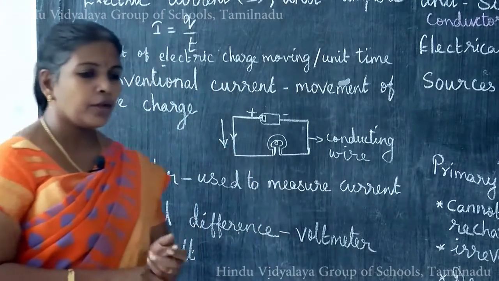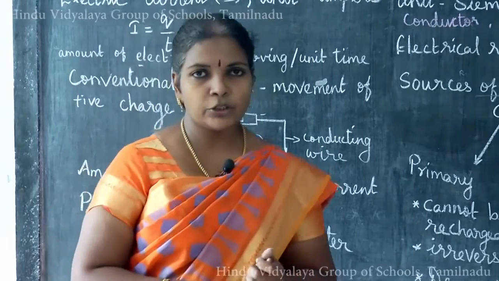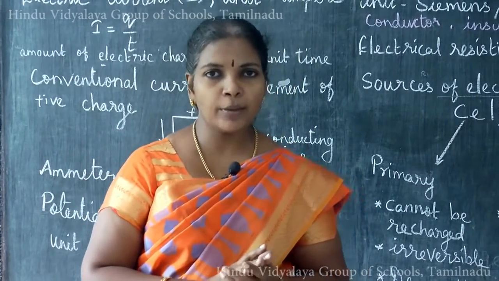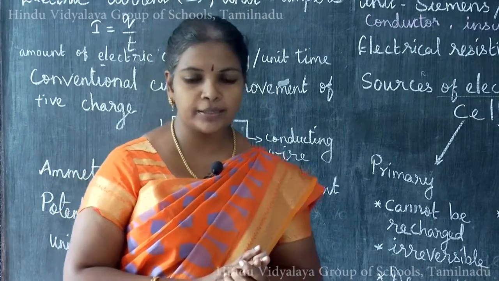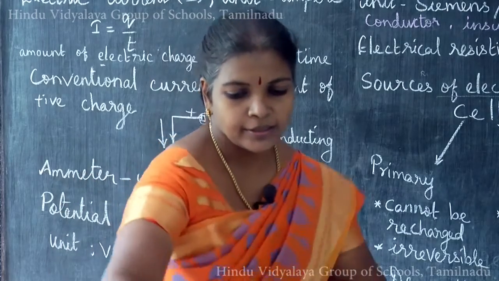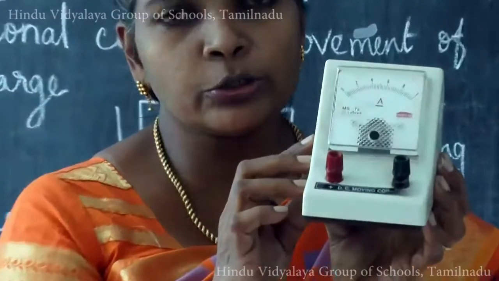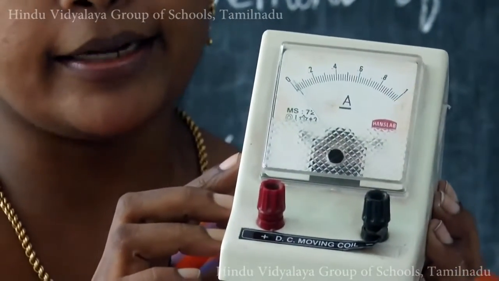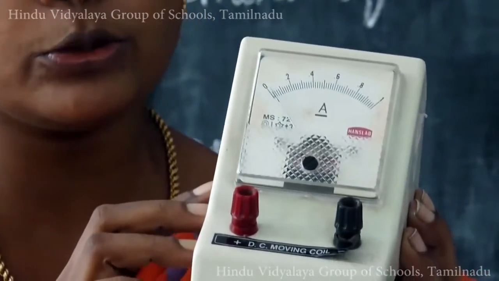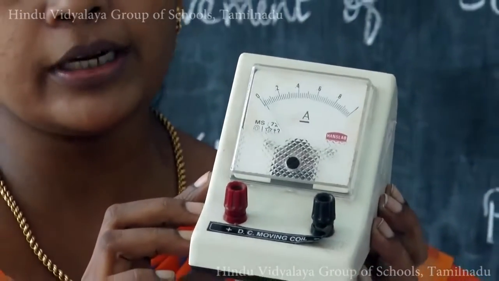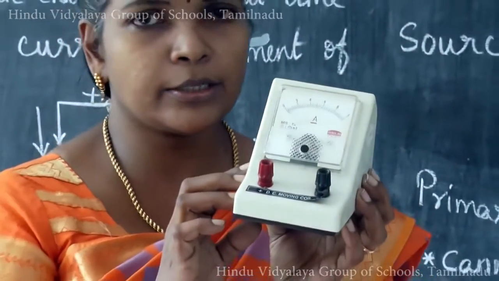Okay, next. How is electric current measured, do you know? Yes, it is measured by using an ammeter. Have you seen an ammeter? Here it is. It is used to measure electric current. So, which instrument is used to measure electric current? An ammeter is used to measure electric current in a circuit.